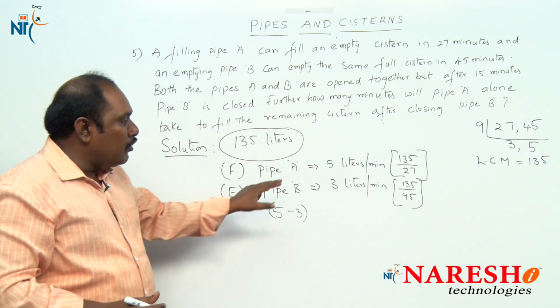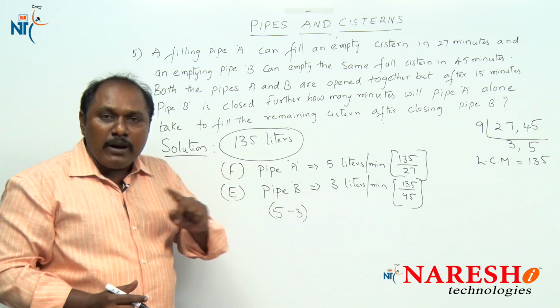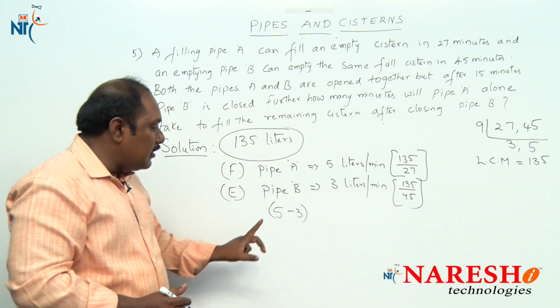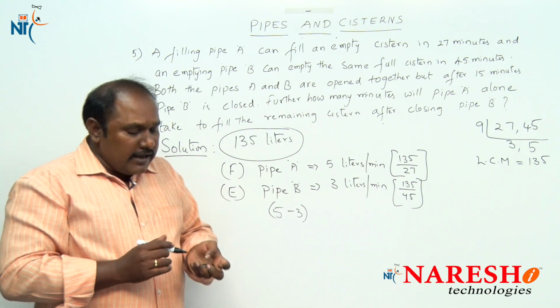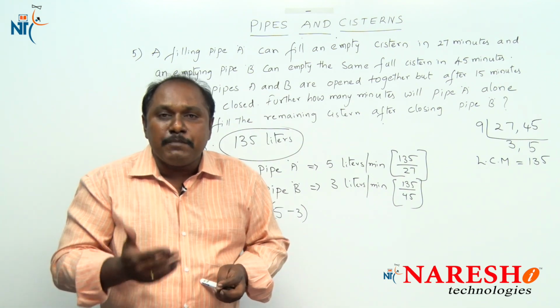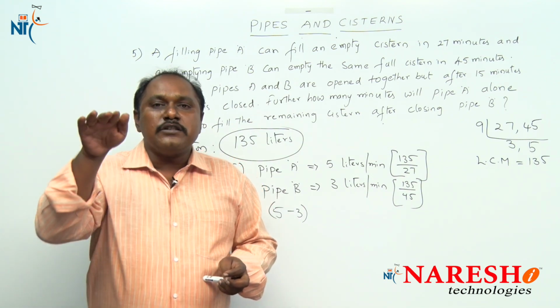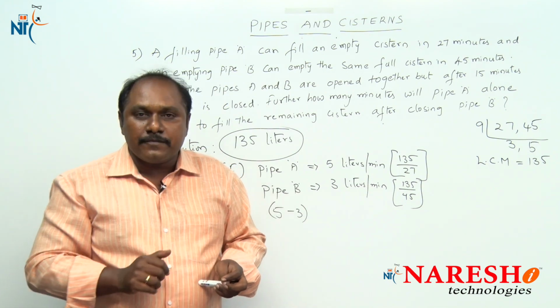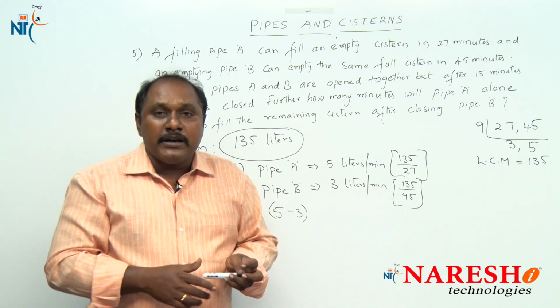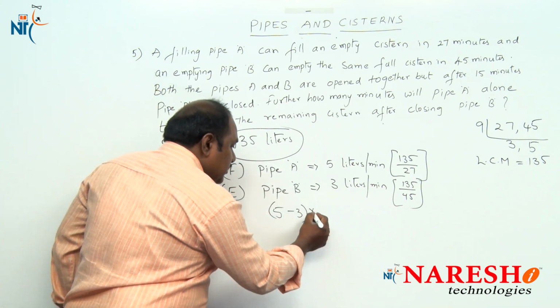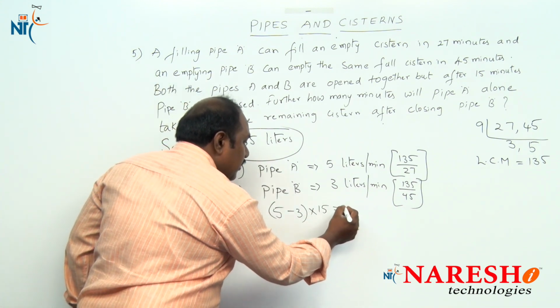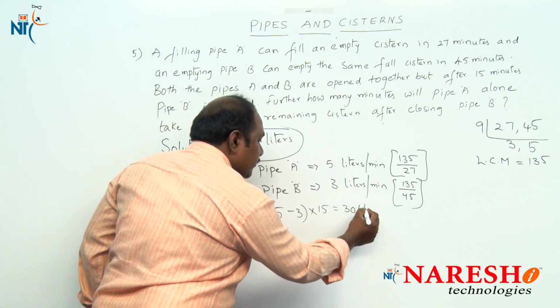So in that 1 minute they will be filling 5 minus 3, 2 liters. That is, as every minute passes by, you find 2 liters of water added into the tank. Then after 15 minutes, how many liters you find in the tank? It's 2 into 15, 30 liters.